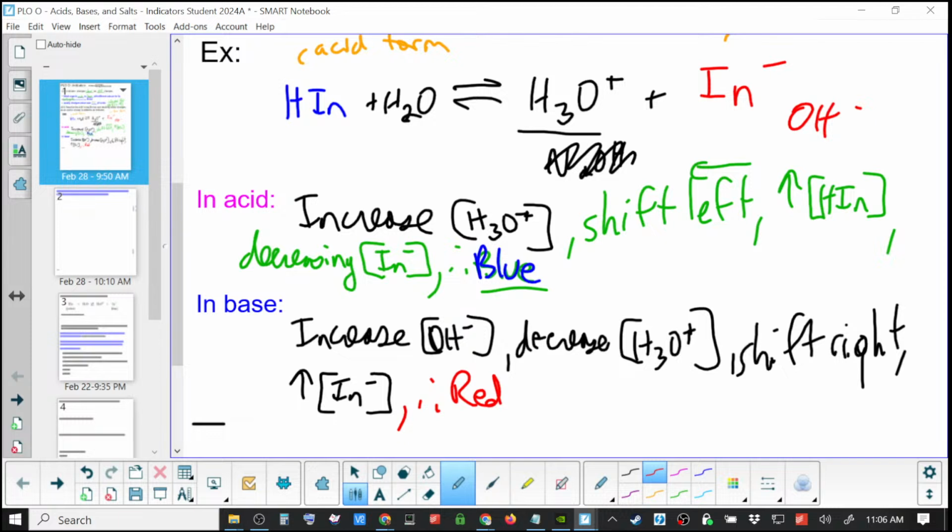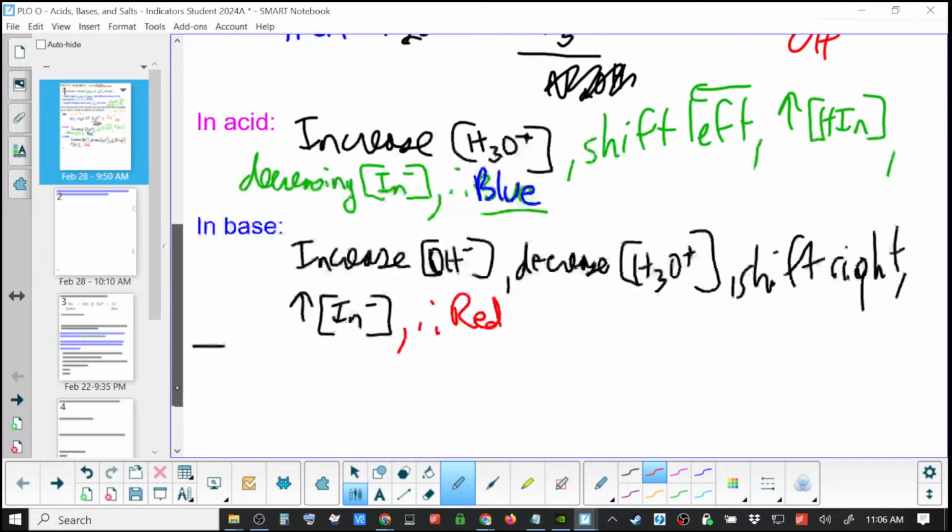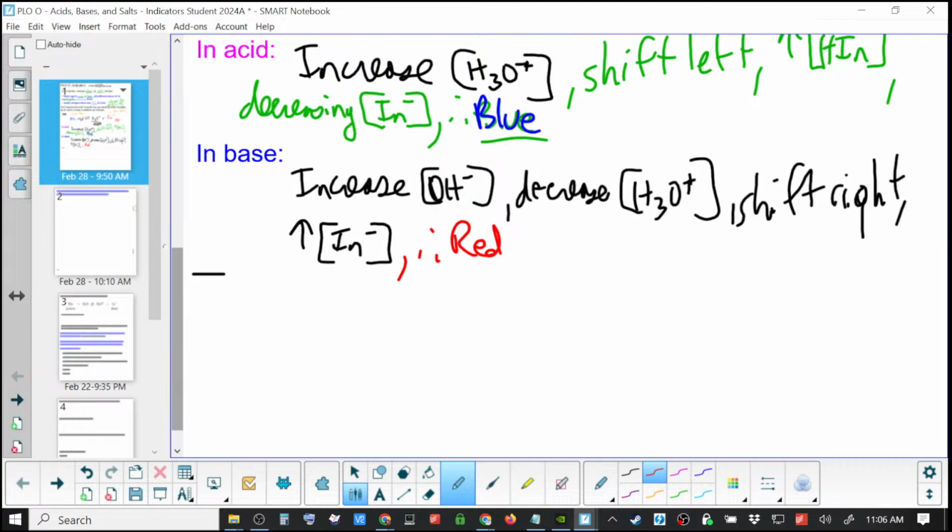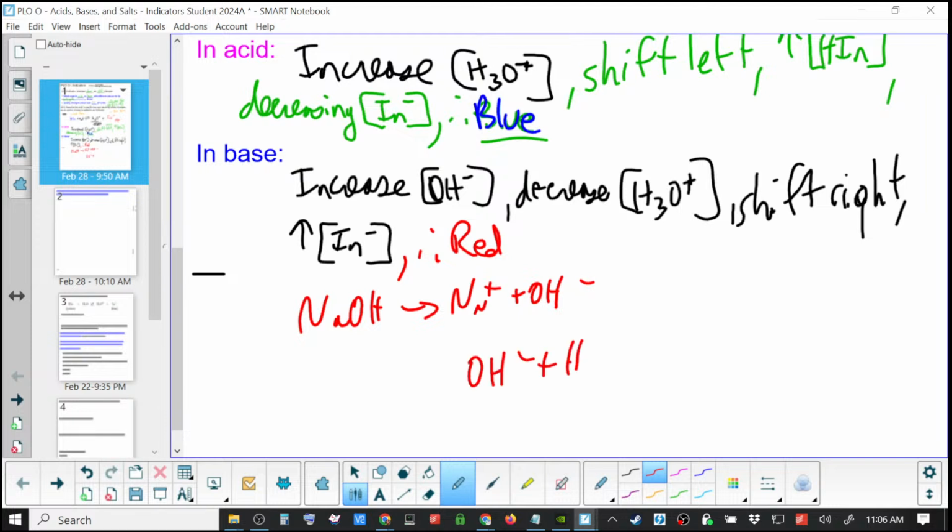So the NaOH plus H3O plus. What is it going to get? The Na doesn't matter. So you have NaOH, that gives Na plus and OH minus, right? And OH minus plus H3O plus gives off 2 waters. What happened to the concentration of H3O plus? Decreases, so it annihilates H3O plus.